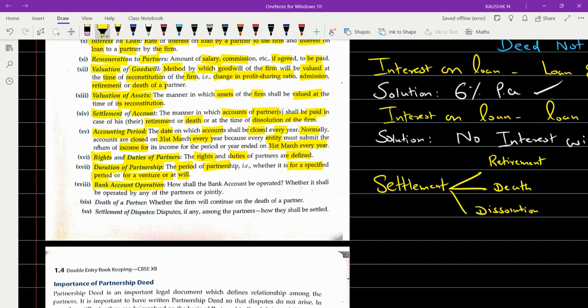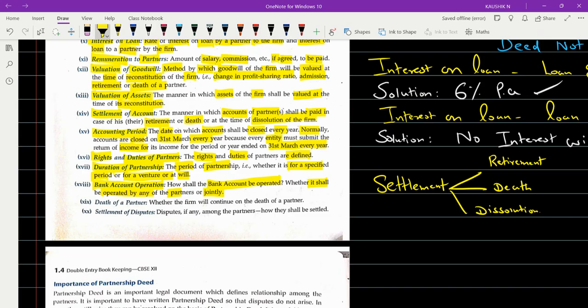Now it should be very clearly defined in your partnership deed how the bank accounts shall be operated. That is, who will operate the bank account? Whether all partners will operate the bank account or any one partner will be operating it. That is very important. Whether it shall be operated by any partner of the firm or jointly.